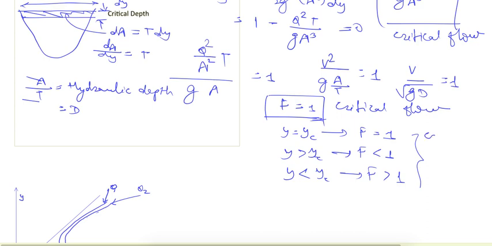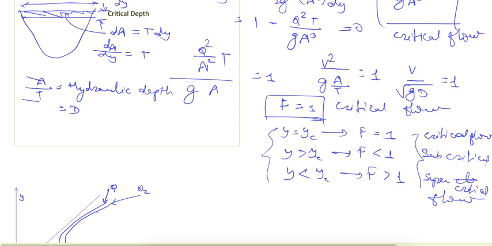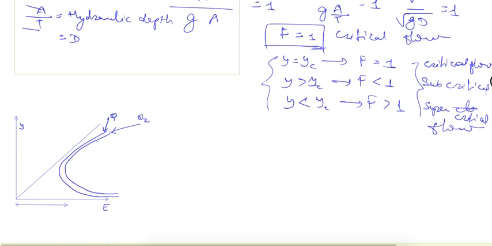So this is the critical flow. This will be subcritical flow. This will be supercritical flow. So using these we can classify our flow, and it will help us in solving questions.